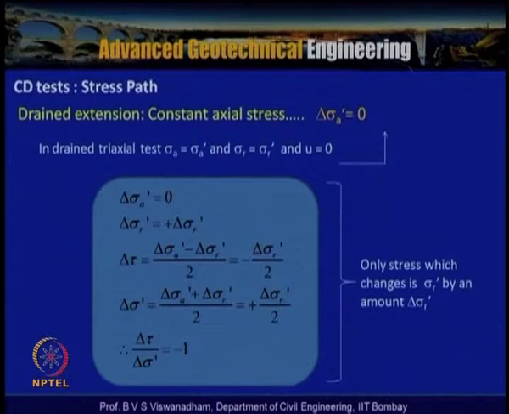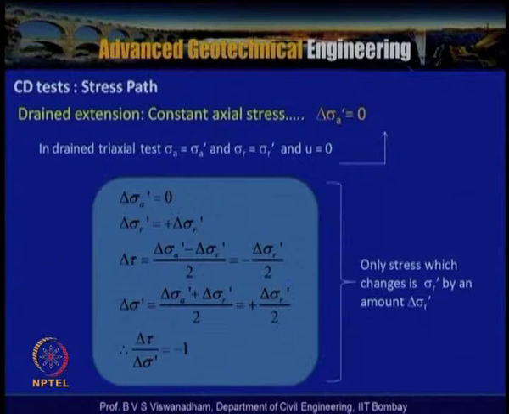Now we have another case, drained extension with constant axial stress, delta sigma a dash is equal to 0, where delta sigma r dash is equal to plus delta sigma r dash. So delta tau is equal to delta sigma a dash minus delta sigma r dash by 2, with delta sigma a dash equal to 0.